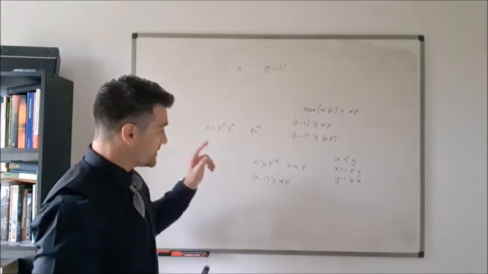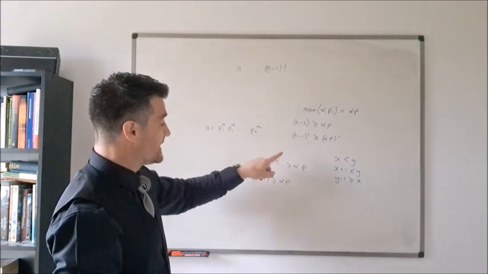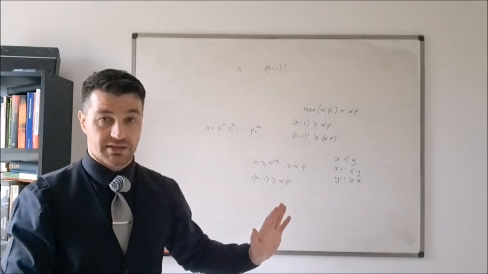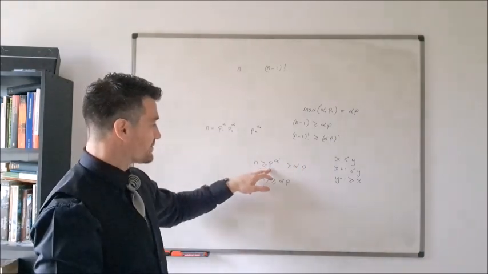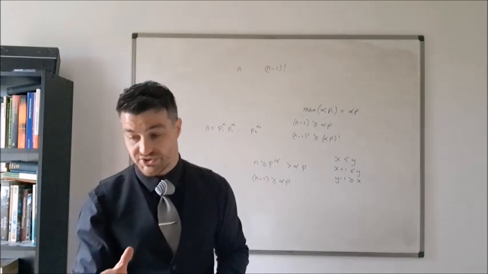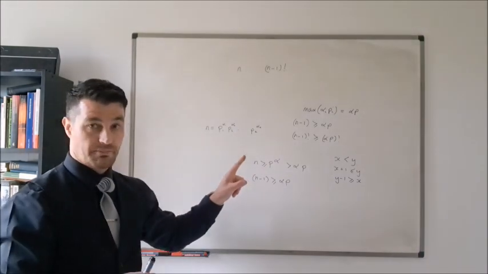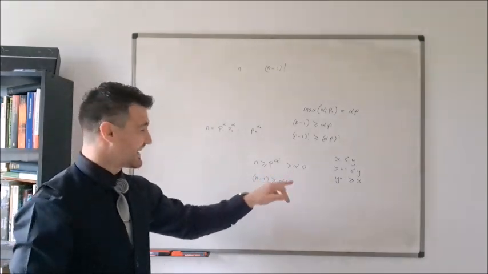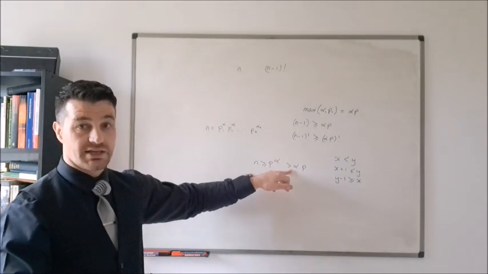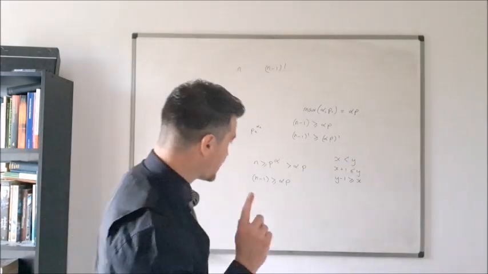Okay? So my job is then to prove that p to the power of alpha is greater than alpha times p for some prime number and a power. Now, it turns out that there are certain restrictions that we need to include here for this to work. And I do need strict inequality. I can't have weak inequality, and that's why I've got to exclude certain cases.